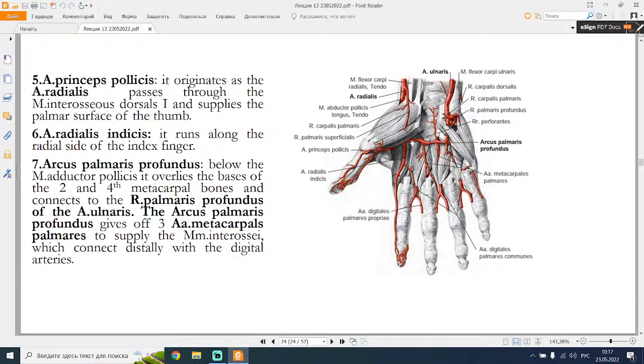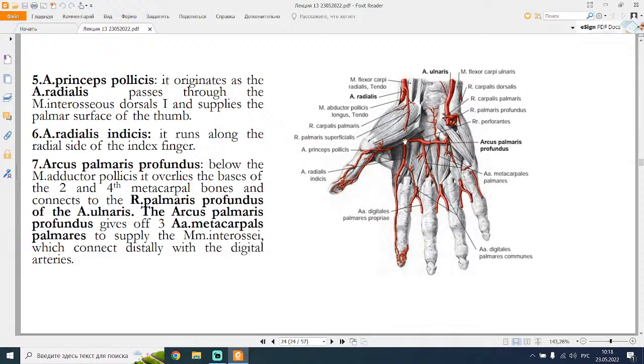Arcus palmaris profundus. Below musculus adductor pollicis, it overlies the bases of the second to fourth metacarpal bones and connects to the ramus palmaris profundus of the arteria ulnaris.